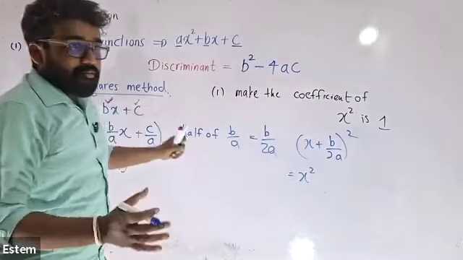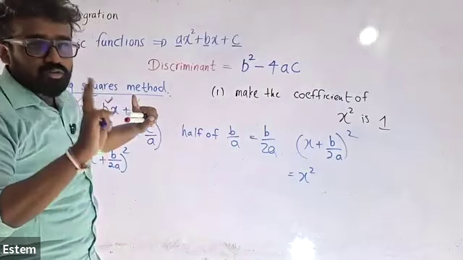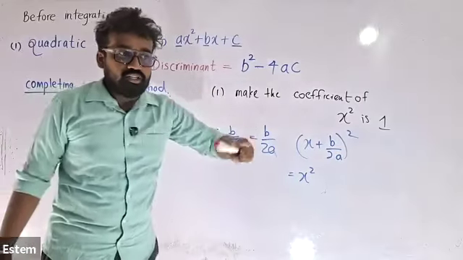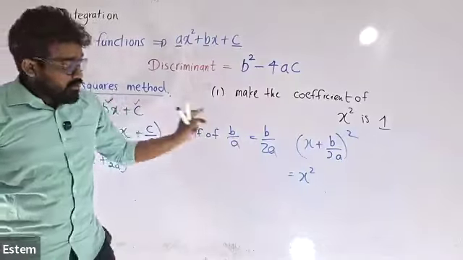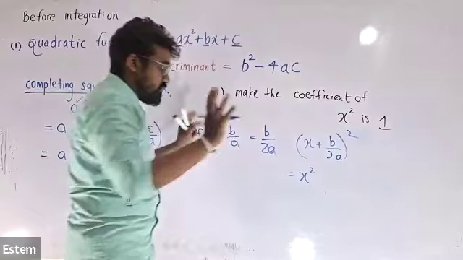Don't think what is this, is it integration? No. In one or two days I want to do some calculations before integration, revising trigonometry and quadratic functions too. So please wait until those are completed.